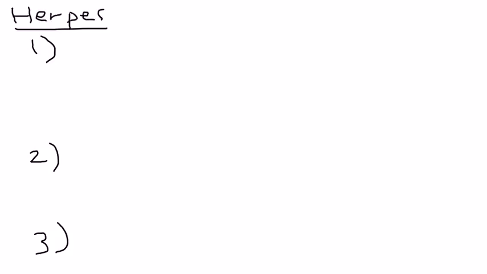So there are three types of herpes infections that I wanted to touch on to give you an illustration of what this is like in terms of signs and symptoms presentation.